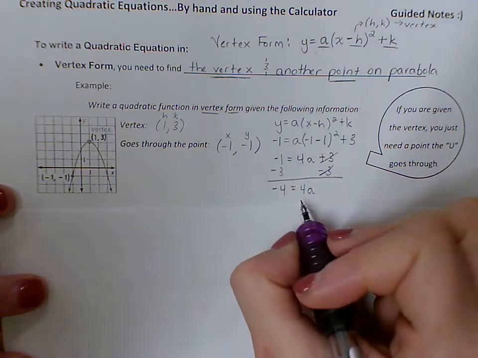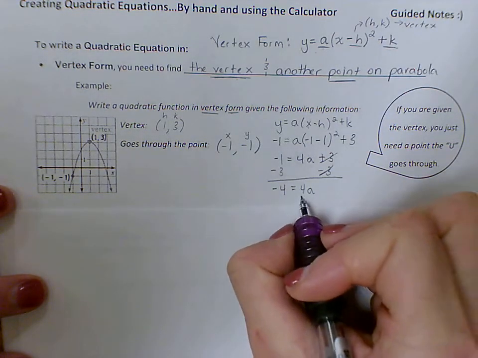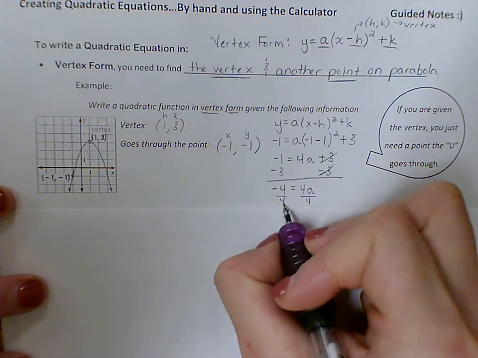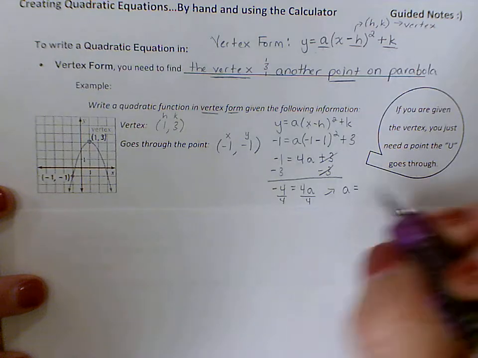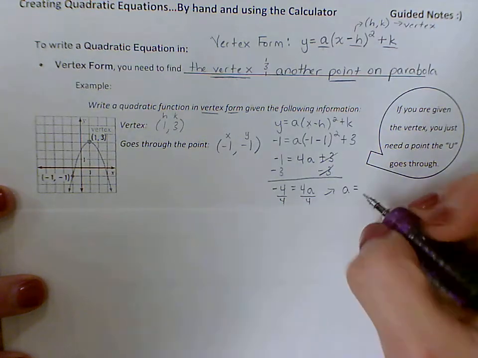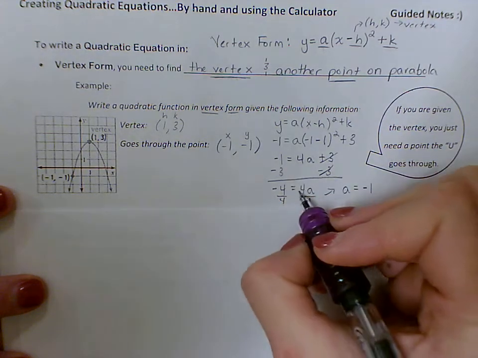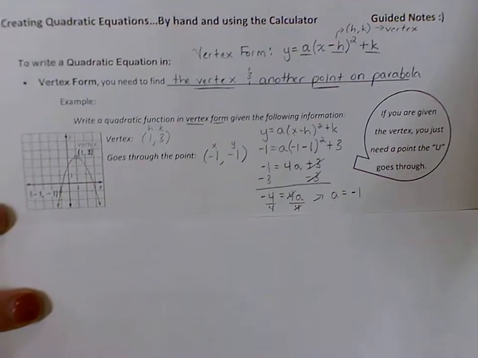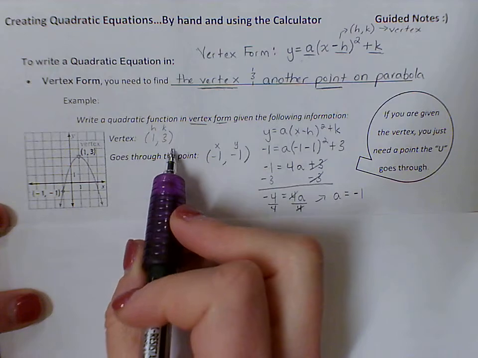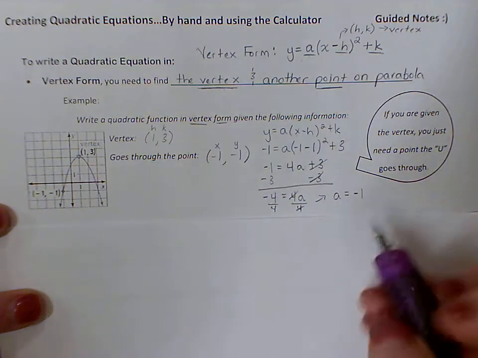Then from there, I just got to finish solving. I'm multiplying by 4, so I have to divide by 4 on both sides. And so a would equal -4 over 4, which is -1. And 4 over 4 was 1, so that's where my a came from. So I just used this information to help me find a.